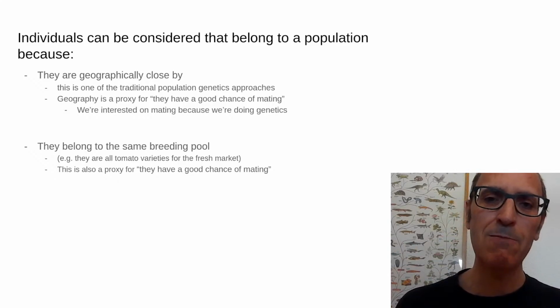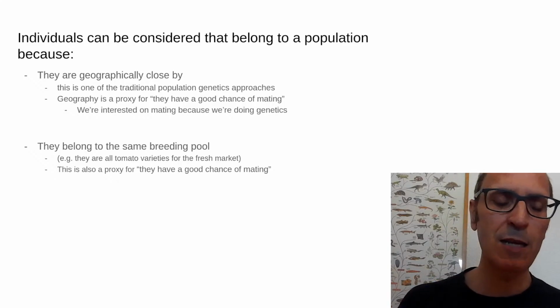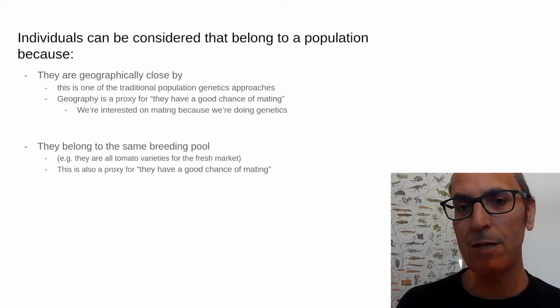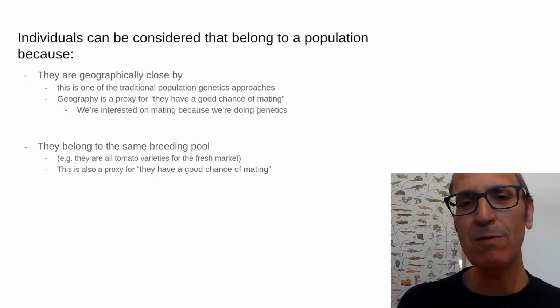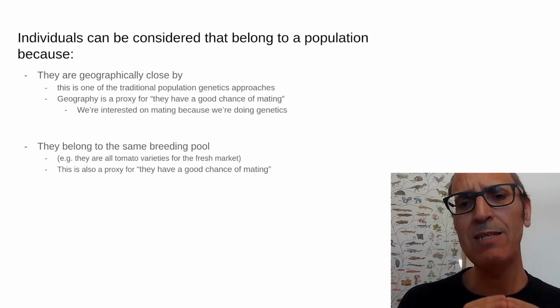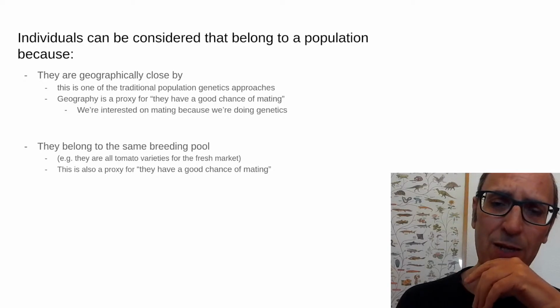Maybe it's better to talk about fresh tomato and tomato for industry, for instance. Maybe for the tomato, this geographical approach is not that good. But at the end, we are thinking along the same lines. It's a population, the set of individuals that we think might mate together, okay, that they are breeding together. This is what we think should be a population.